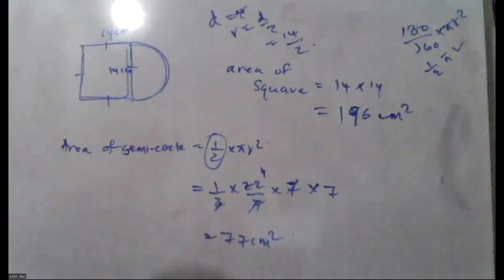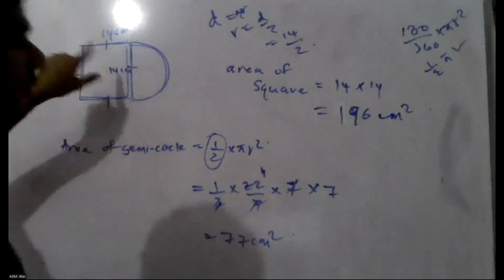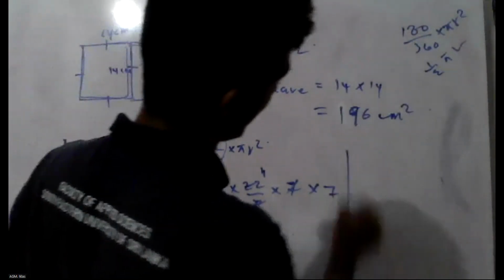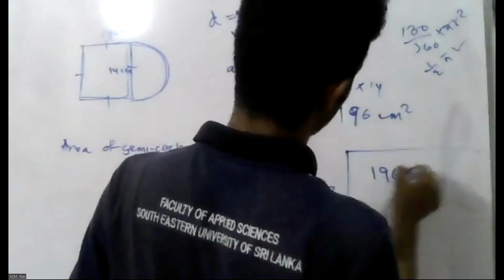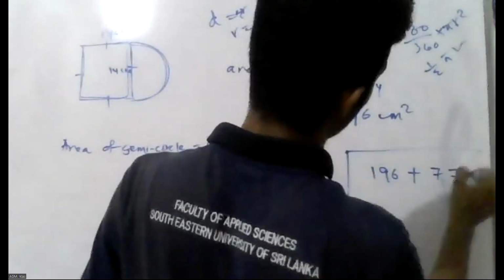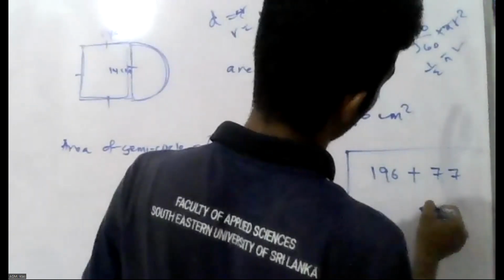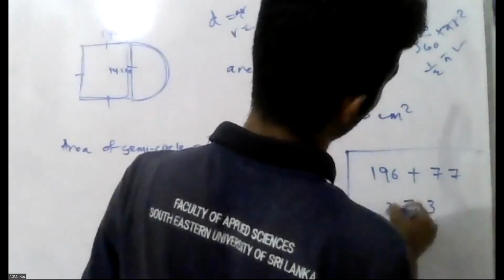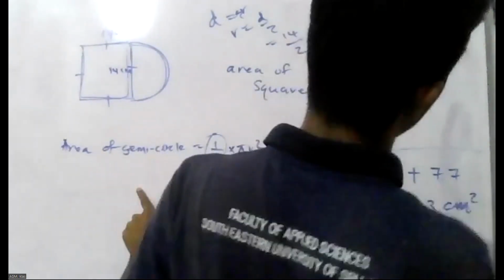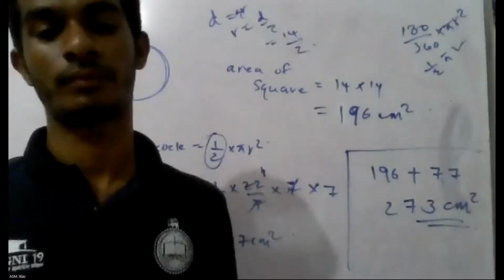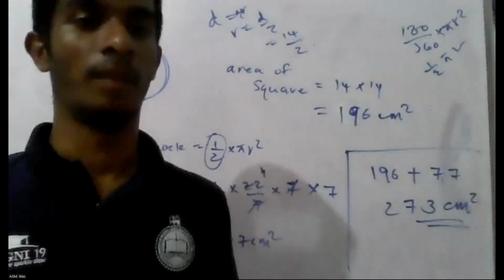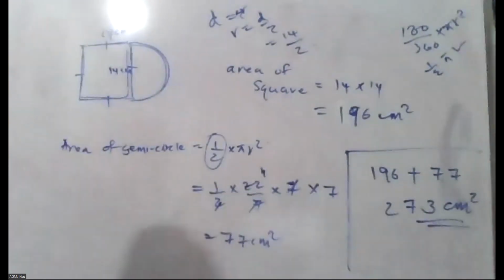So the area of the compound object is 196 plus 77, which is 273 centimeter square. Right, moving to example number 2.